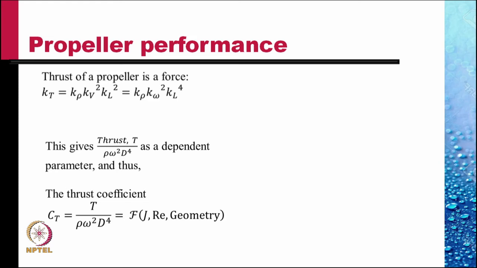The dependence on Reynolds number is rather low for large Reynolds numbers for which most propellers operate, so that the thrust coefficient is largely a function of the advance ratio for a given propeller with a given geometry.